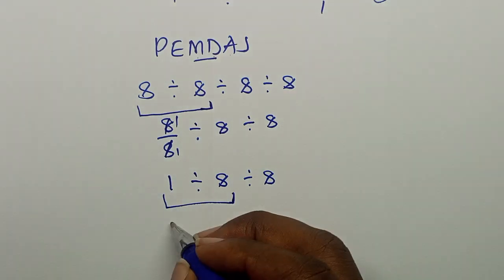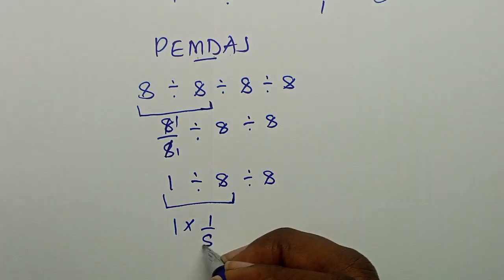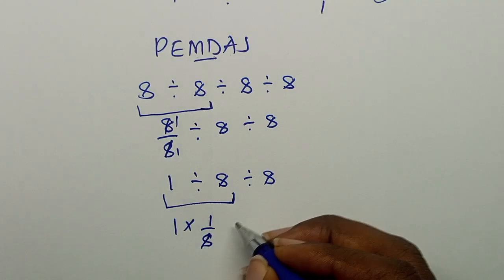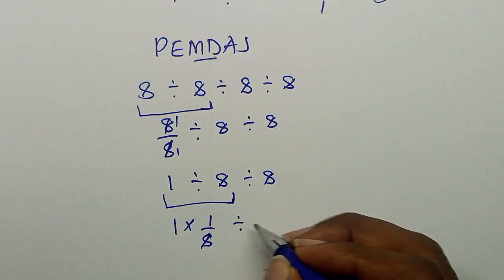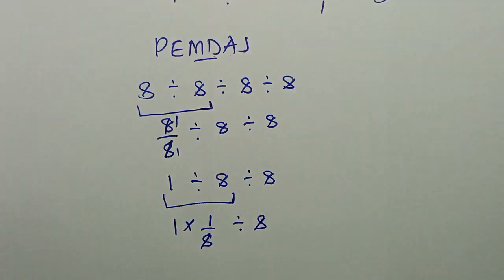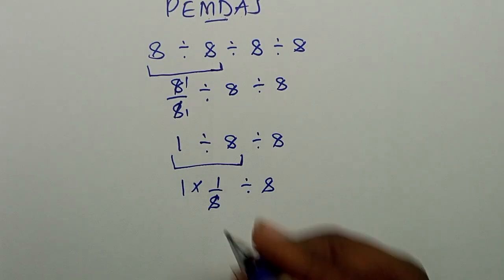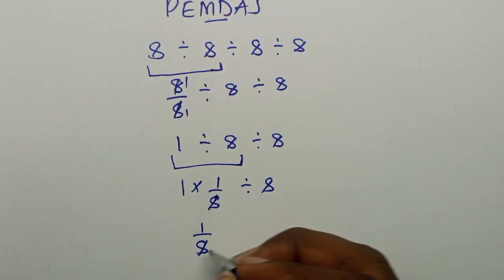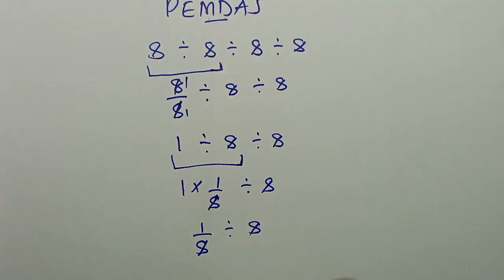1 divided by 8 is the same as 1 times 1 over 8. So this becomes 1 over 8 divided by 8. Now we can work out this.